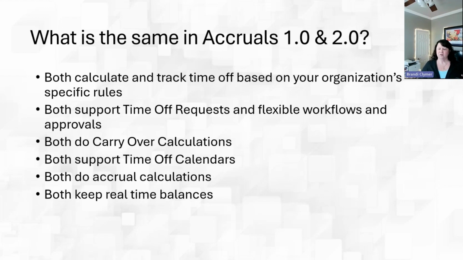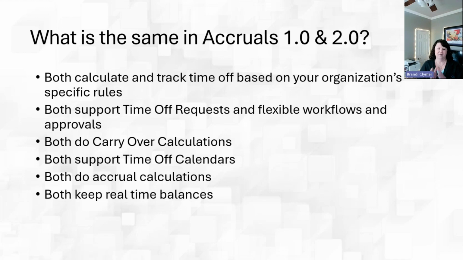We have about 45% of our clients using accruals 1 and about 55% using accruals 2. We started using accruals 2 when it came out in 2021, so that gives you a little timeline. If you went live with a primary module after 2023, you're going to be on accruals 2 for sure.